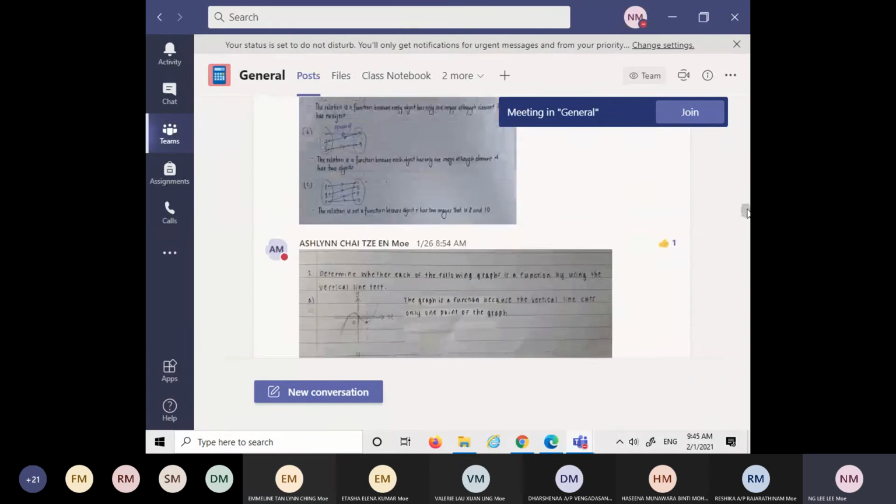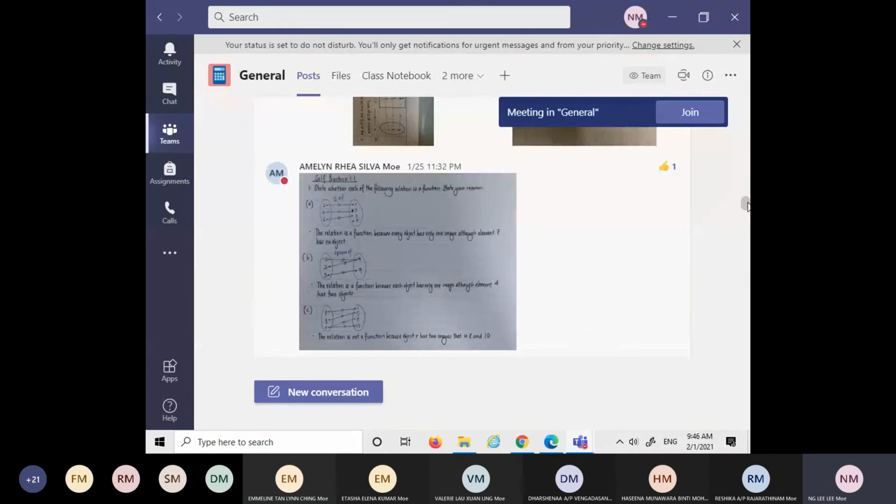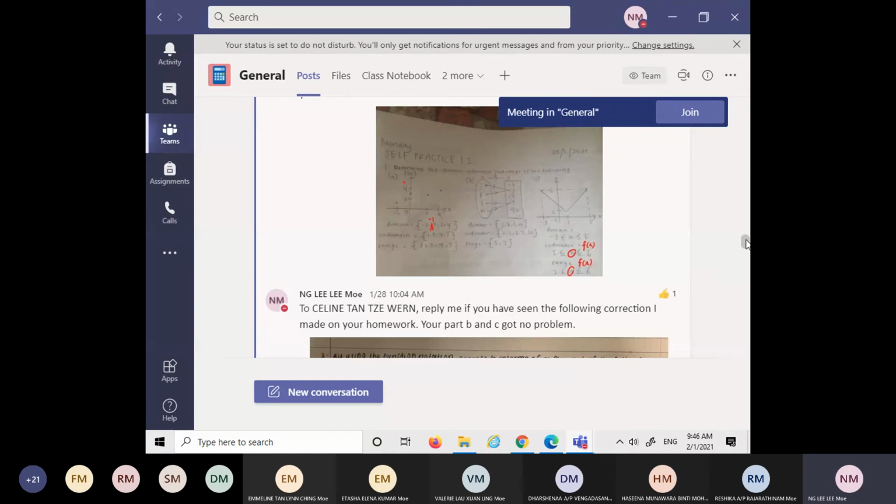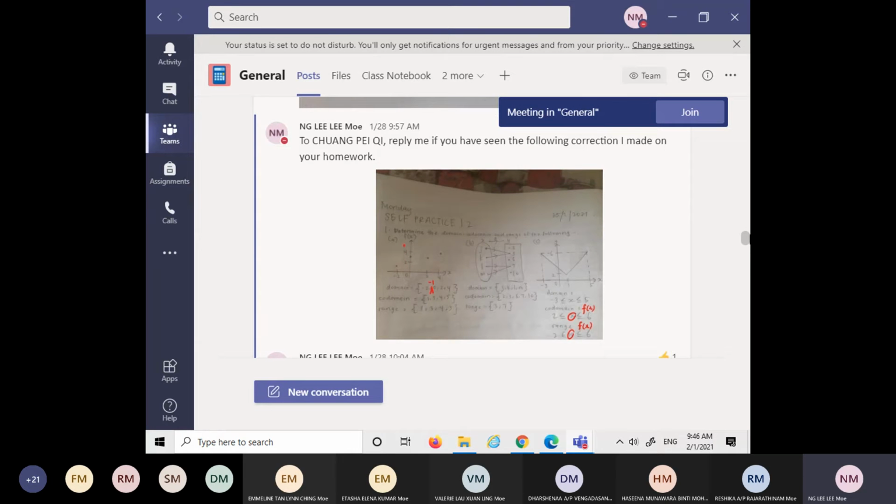You see, for example, Emmeline. I put a thumbs up, which means hers has no problem. And if there are corrections, like this one, then next time I won't tell you to reply to me. Automatically, when you see I didn't put a thumbs up, it means I have made some corrections.